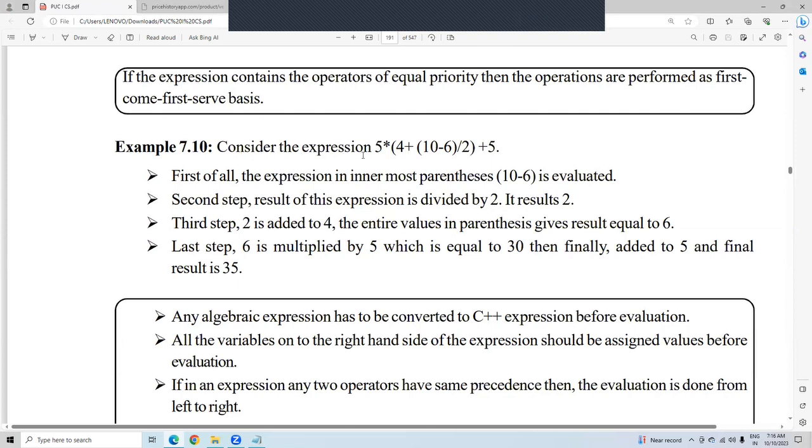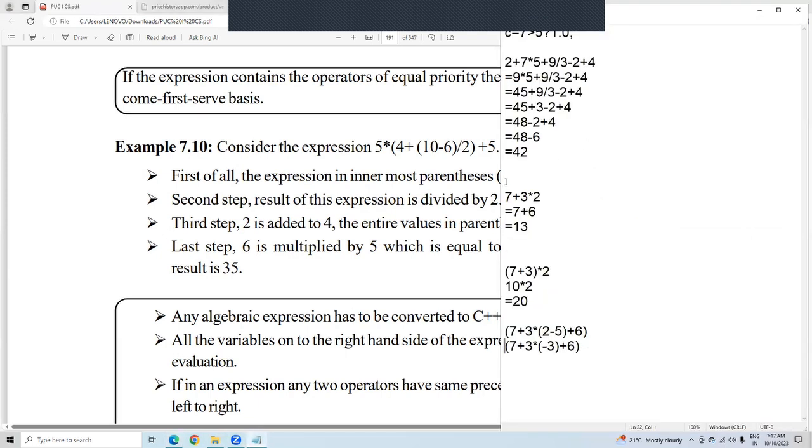Here, one example: 5 into, in the bracket, 4 plus 10 minus 6 enclosed in a parenthesis, divided by 2, close parenthesis, plus 5. So first of all, the expression in the innermost parenthesis, 10 minus 6, will be evaluated first.